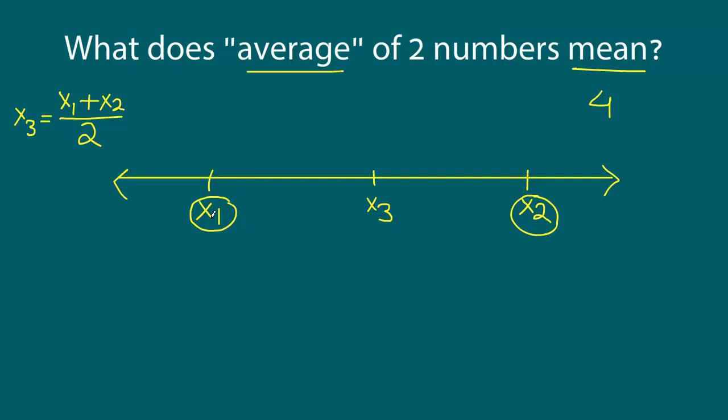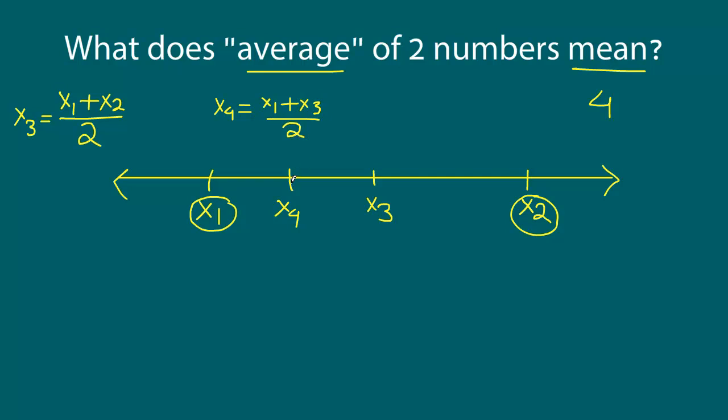Then we can find the average of x1 and x3, which will give us the midpoint between x1 and x3. Let's call it x4. What will be the value of x4? Because x4 is the average of these two numbers, it will be x1 plus x3 divided by 2.